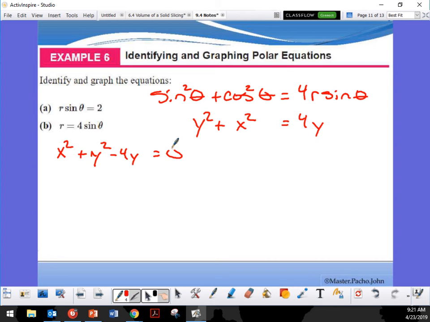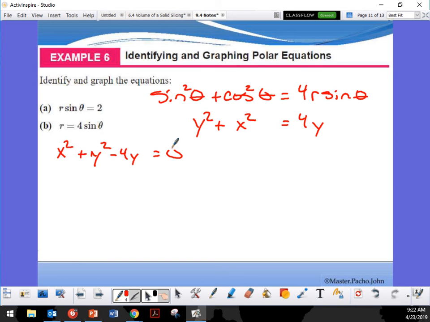Okay, so what could I do to actually make that work out? Add 4 to both sides. Why add 4 to both sides? Because then you can write this as x squared plus y minus 2 squared equals 4. Yes, that's exactly right. What's that called? Completing the square. Yeah, it's making a perfect square.